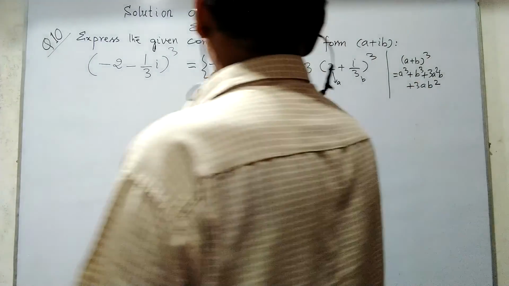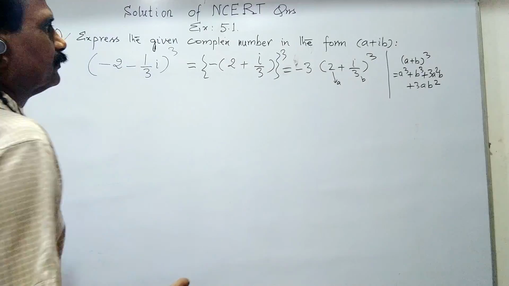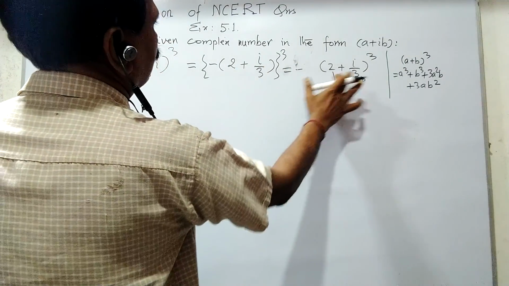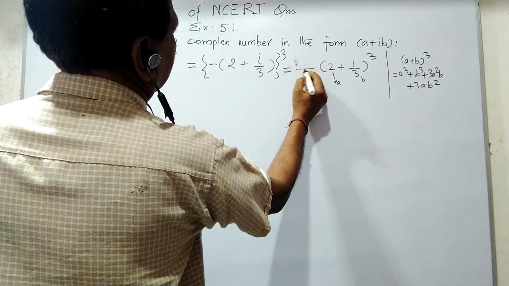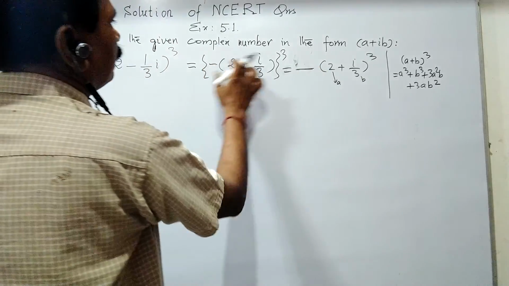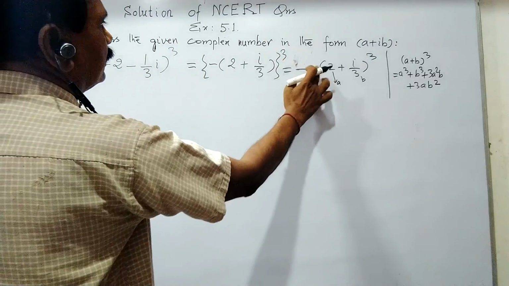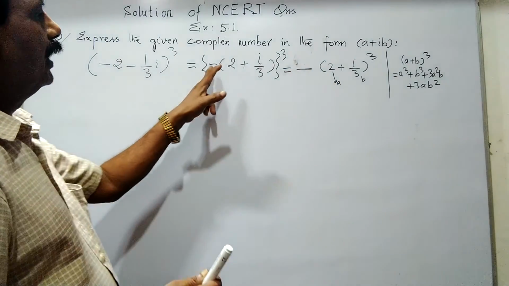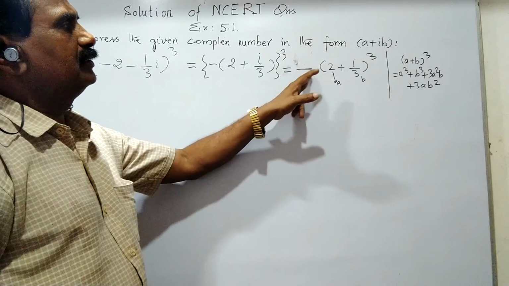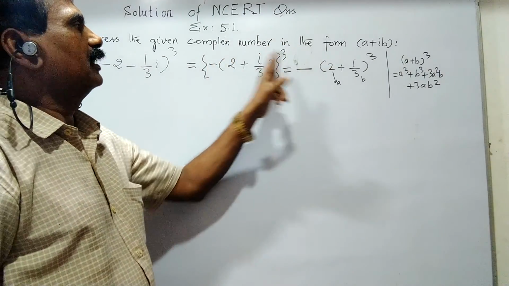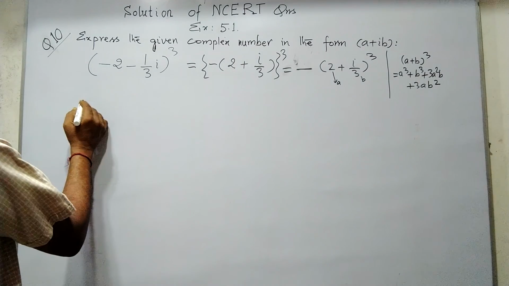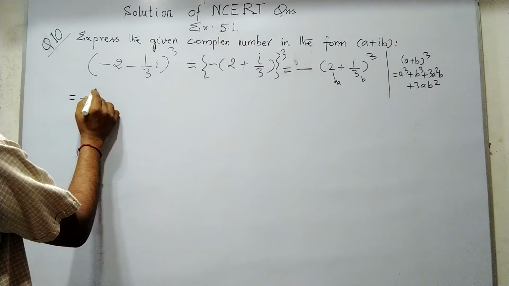Here we have taken minus, 3, minus (2 + i/3). Minus to the power 3, (2 + i/3). Here minus, 2 to the power 3 is minus, and then (2 + i/3).